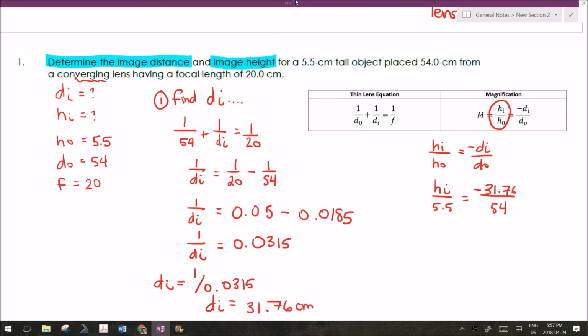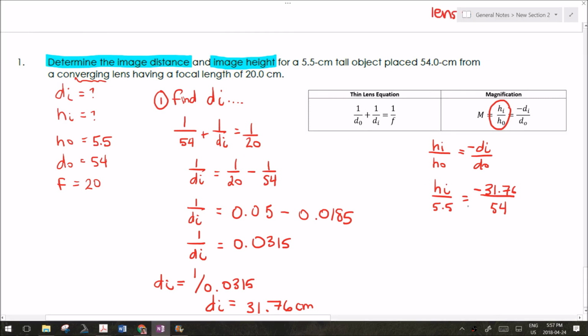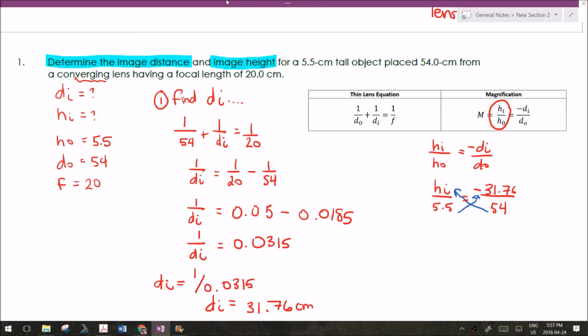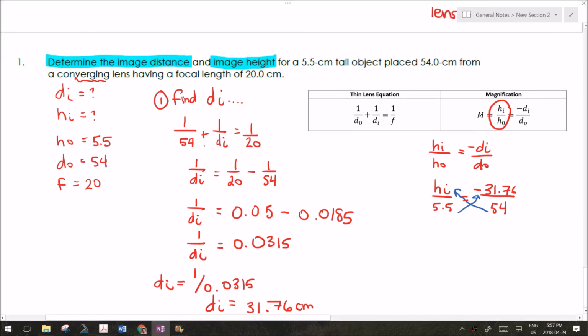So from here, what I can do is cross multiply. So what I end up with is 54 times hI is equal to negative 174.68.